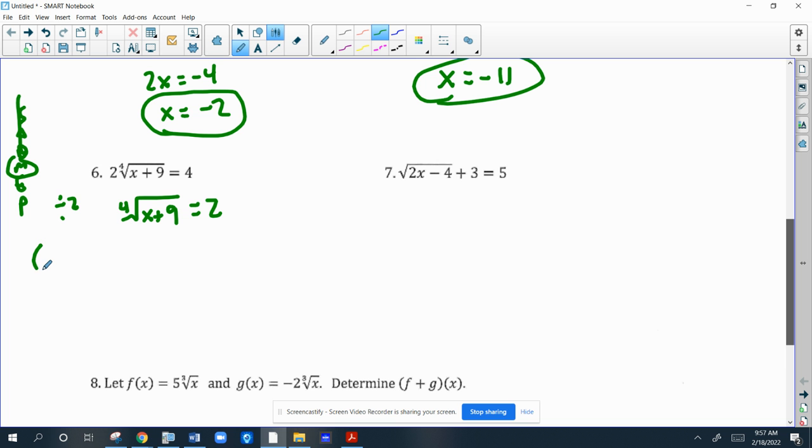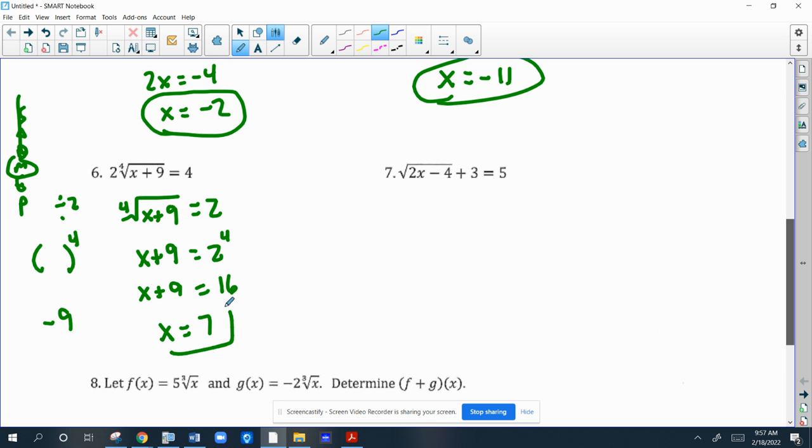Now you raise both sides to the fourth to get rid of the fourth root. So on the left-hand side, that just gets rid of that root. On the right-hand side is 2 to the fourth. And 2 to the fourth is 2 times 2 times 2 times 2, 16. Then subtract 9. And 16 minus 9 is 7. Check that on the calculator. It should be good.